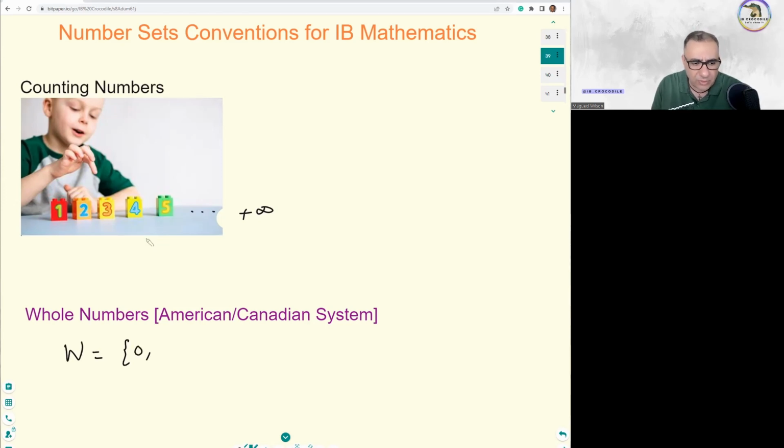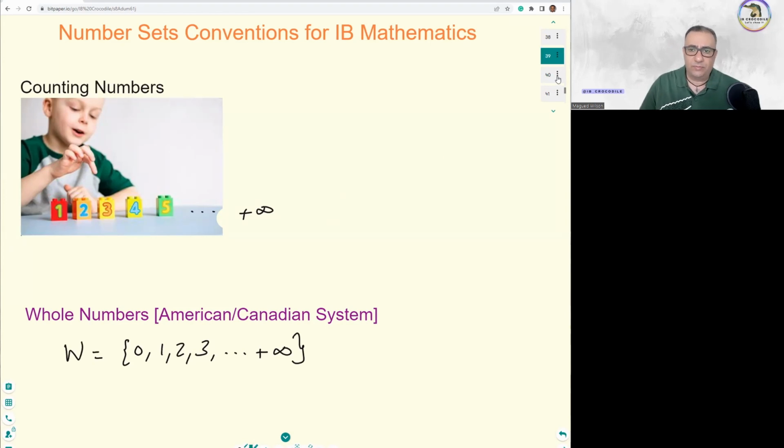So W is 0, 1, 2, 3, until positive infinity, right? And this is the set of whole numbers according to the American and Canadian system. So if you are an IB student, don't worry about the whole numbers. You are not going to deal with whole numbers. You are going to deal with integers, which is my next set.